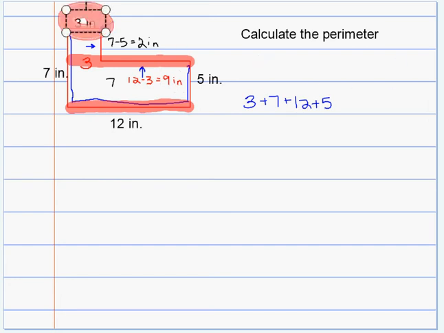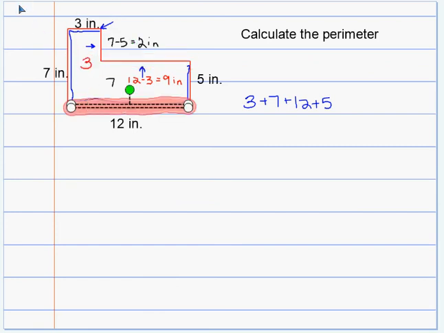So I'm going to get rid of all my highlights that I just did, and I'm going to get rid of that because that's a little confusing. So we know now that the two missing side lengths that we have to add in are this length here, 9, and this length here, which is 2.